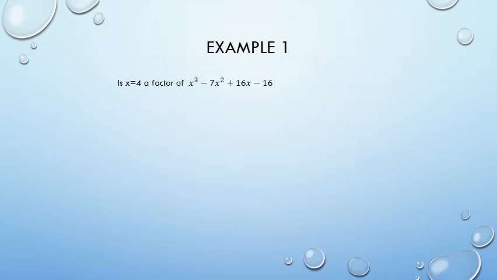Okay, I'm going to use this example, still trying to find if something is a factor. So remember, it's a factor if it goes in evenly. So I'm going to use this to teach you how synthetic works. Since it says x equals 4, that means I want to know about the number 4, and it goes in this little half box off to the side.